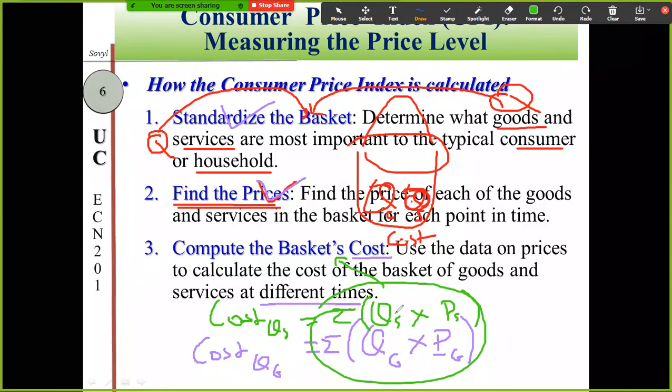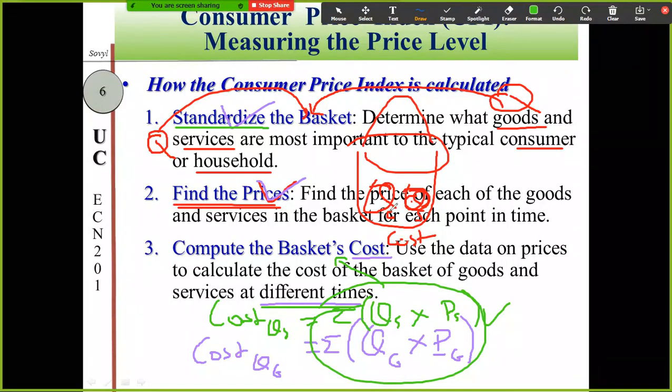Okay. So today you calculate one time because you go to the marketplace, you buy goods and services into the basket today and you pay the cost for today. Tomorrow you go again to buy the same goods and services because your basket is standard. You cannot change goods or services in terms of types or quantity.